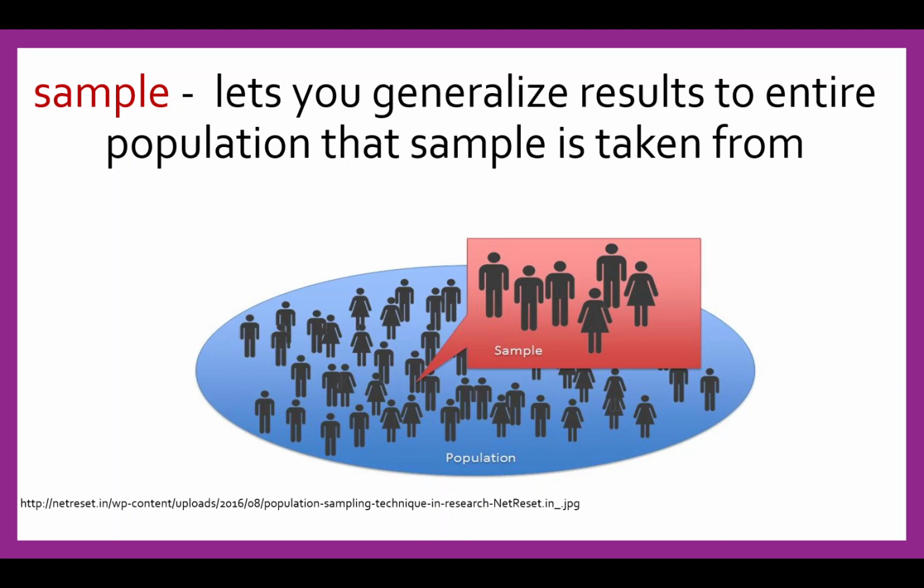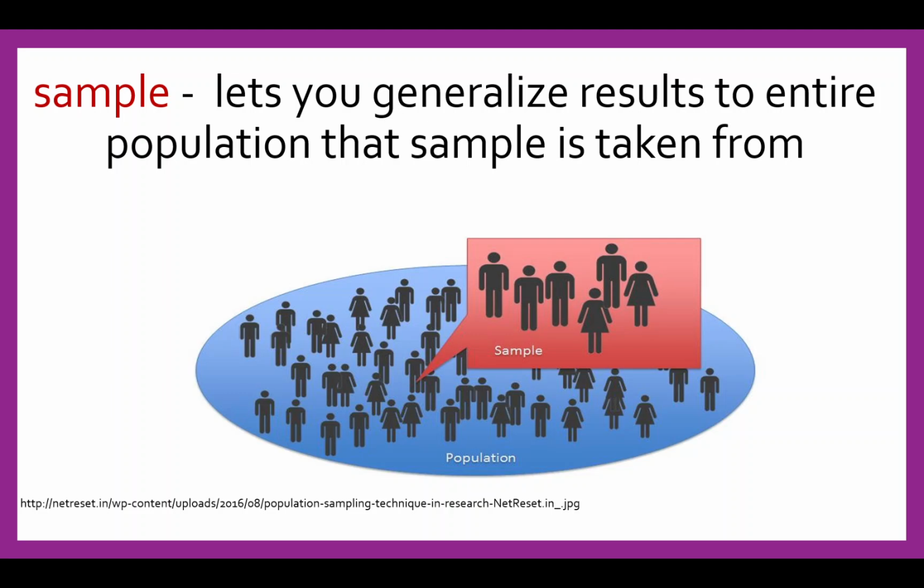Because if it's not chosen properly, the results will be invalid. When choosing a sample, it is important to choose participants randomly, which means that whatever your target population is, everybody has the same chance of being chosen and the same chance of being excluded.